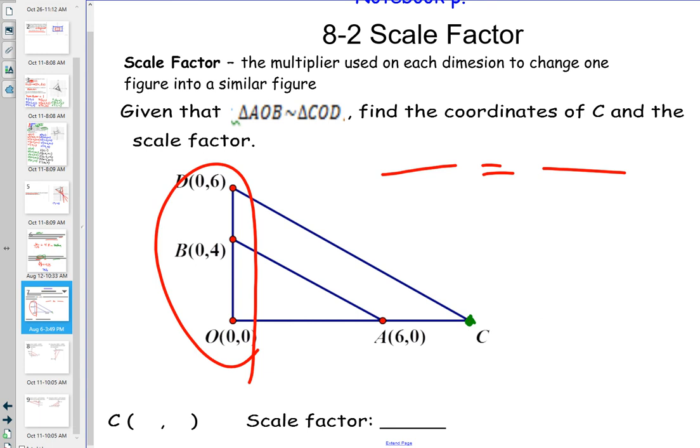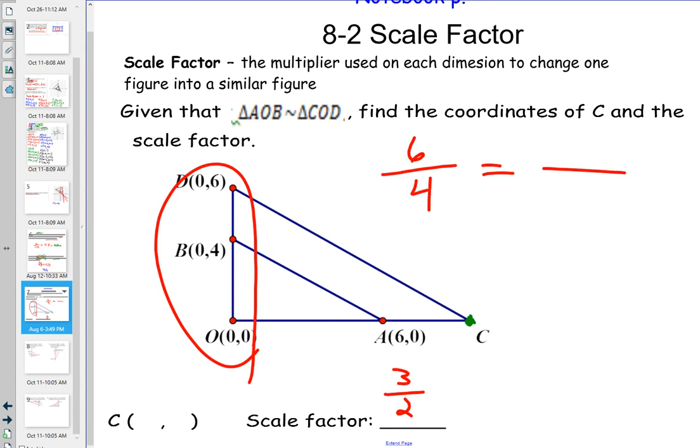If you're doing an enlargement, put the bigger one on top. So put the 6 on top, put the 4 on the bottom. When they ask you for scale factor, just reduce that. What is 6 over 4? 3 over 2. You don't have to reduce it up there, but you'll get the same answer. But at least if they ask you for scale factor, reduce it.